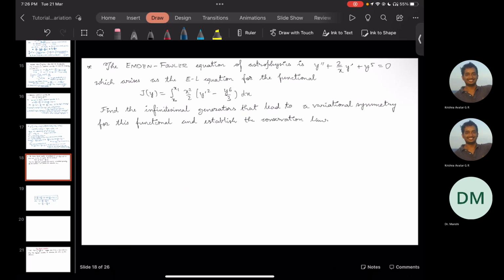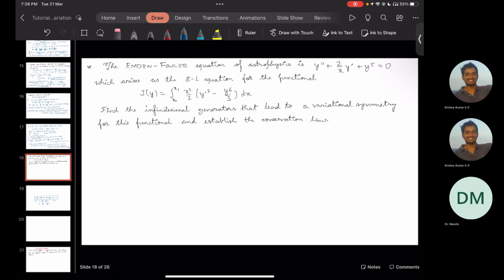And this equation arises as the Euler-Lagrange equation for the function, which is given here. The question asks us to find the infinitesimal generators that lead to a variational symmetry for this function and establish the conservation law.